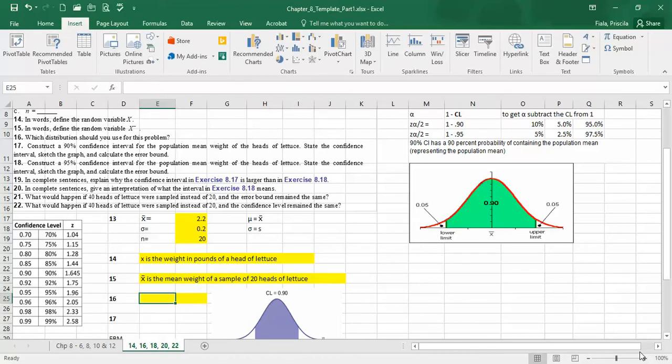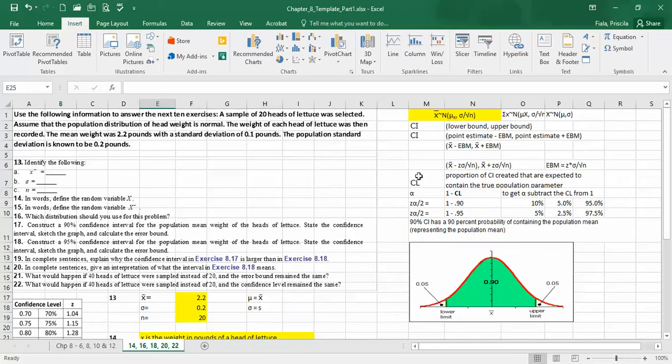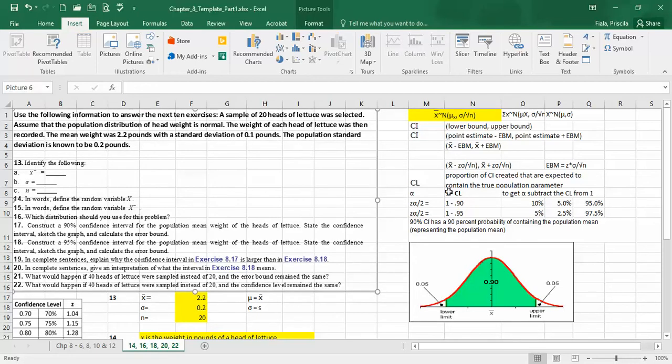16. Which distribution should you use for this problem? Well, if you haven't read any further, you would say probably a t distribution because the sample is less than 30. However, you have the population standard deviation known, so right there it's a z table, a normal distribution.